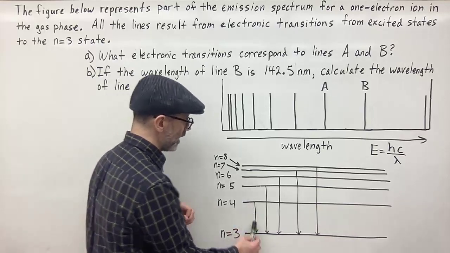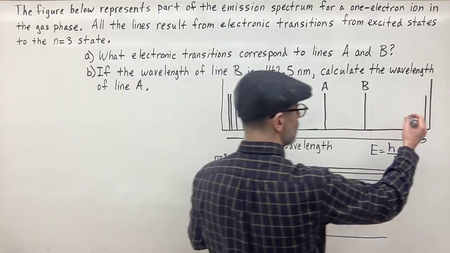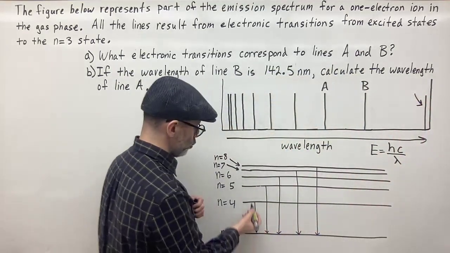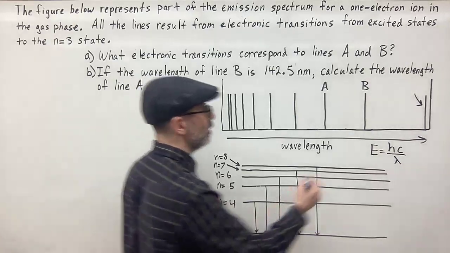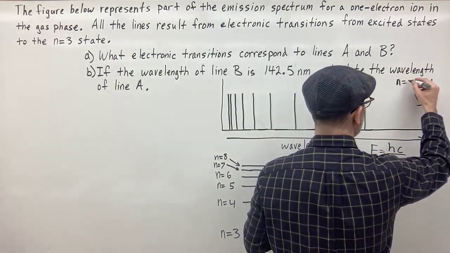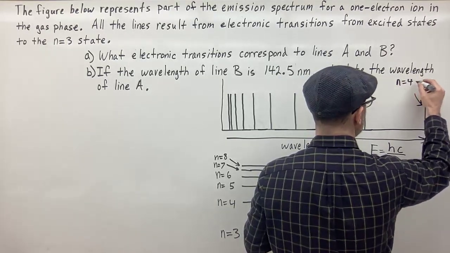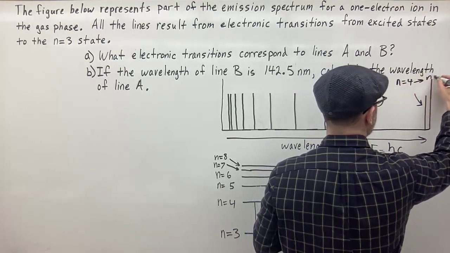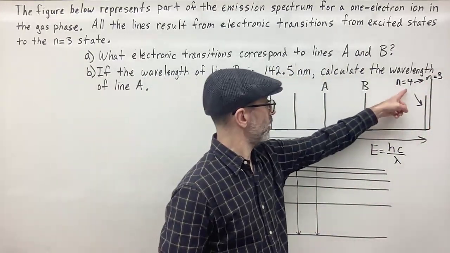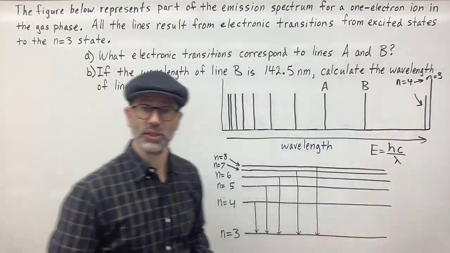So that means that this line must correspond to this transition here from n equals 4 to n equals 3. So that's what this transition corresponds to.